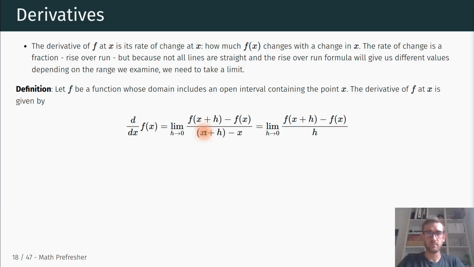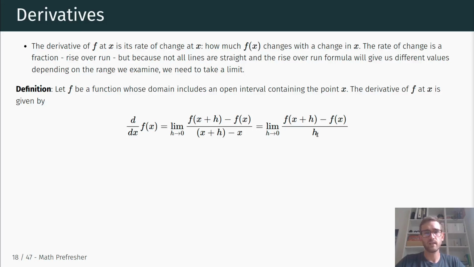And this is divided by x plus h minus x, essentially the change in the input, and of course that cancels to h, right? So this is a basic fraction of how much I change the input and how much the output of the function, f of x, changes for that given change in the input. That's just one way of expressing this basic fraction.